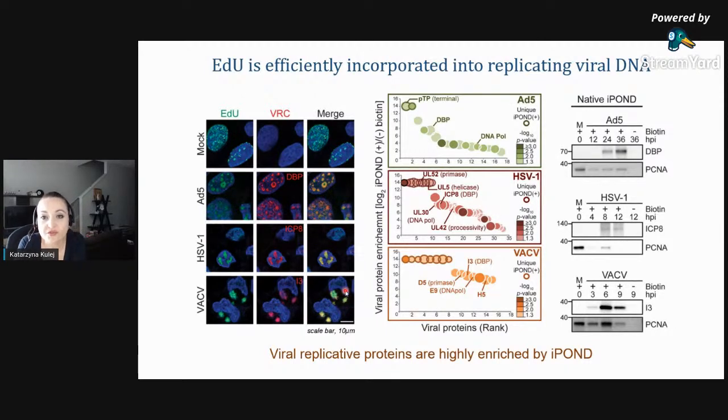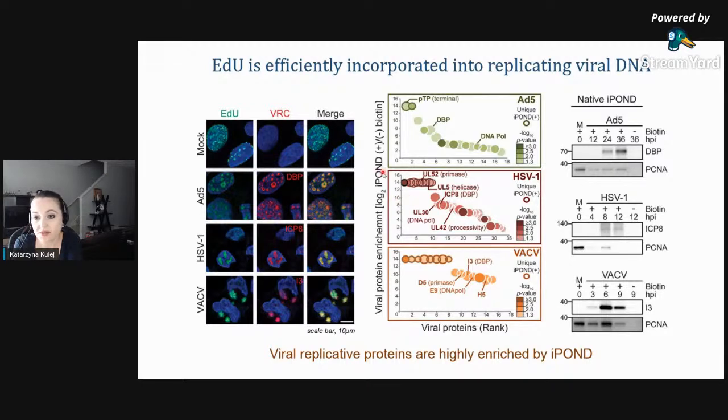And to further confirm this observation, we performed MS analysis of our IP samples, and we wanted to check if all of these proteins are indeed highly enriched in our IP.